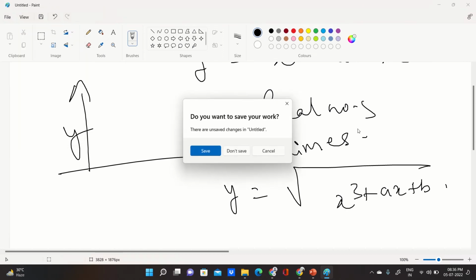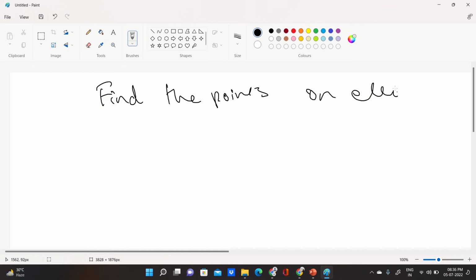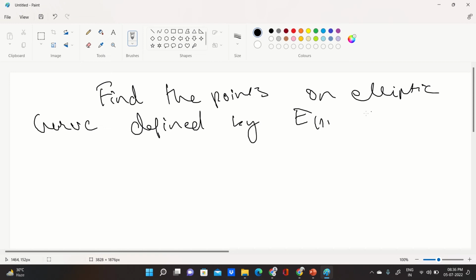Now how is the question going to come? Say they are going to say: find the points on the elliptic curve defined by E11(1,6). Suppose this is the question given to you. What does this mean? This means that a equals 1 and b equals 6 from the general form that we had written a few minutes ago.